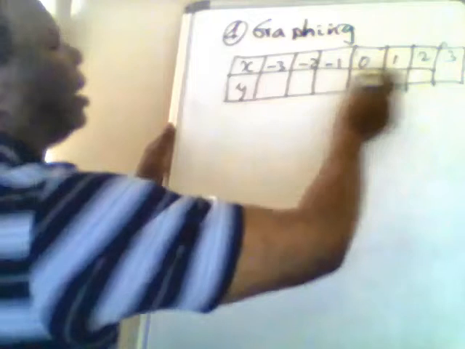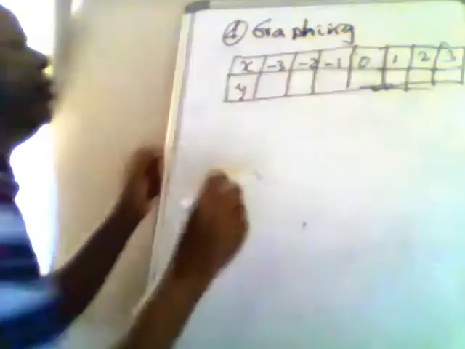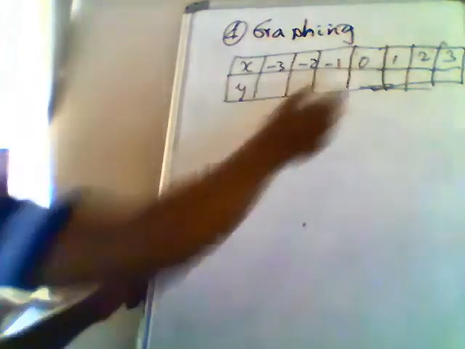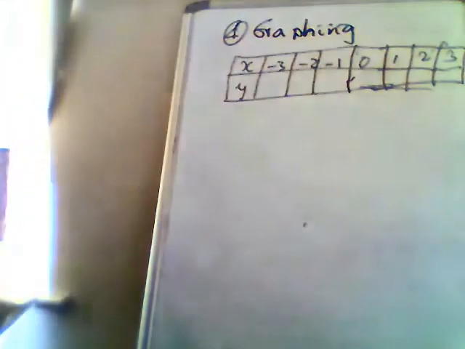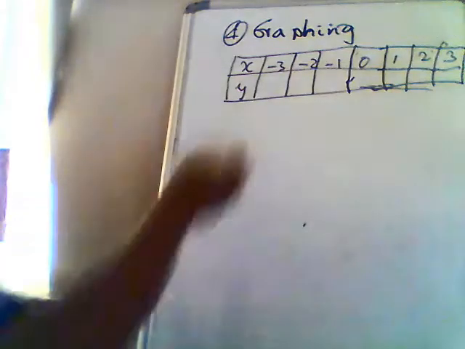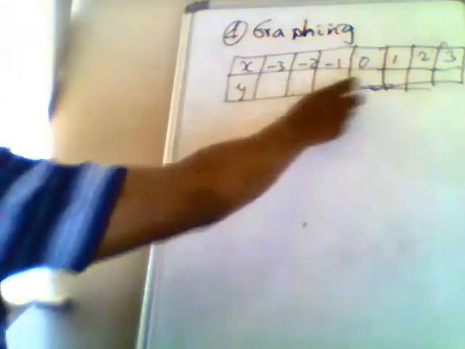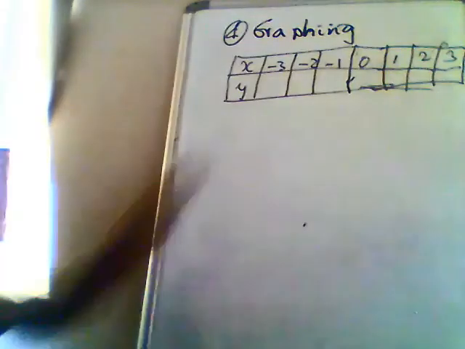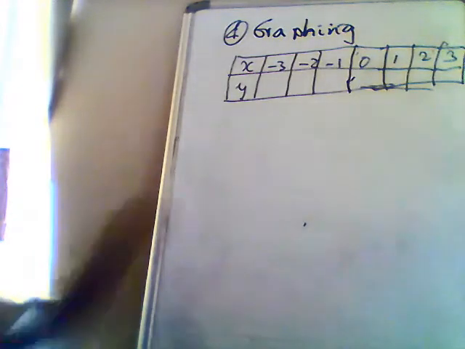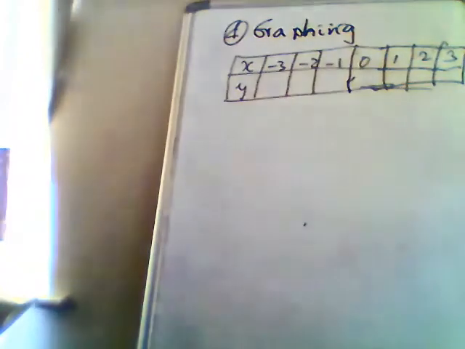So they are asking you to draw the graph with these x ranges from -3 to +3. Sometimes they may put some of these as blank, some correct, and they are asking you to fill those blank spaces.